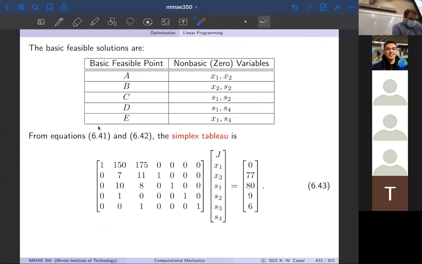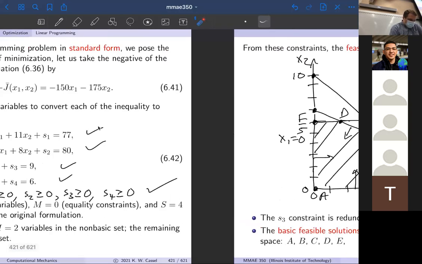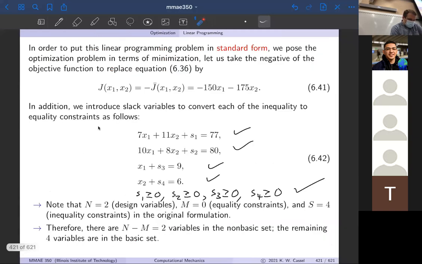Then the Simplex Tableau, here it is in matrix form. So here's all my variables. Start with the variables. I have J, that's the objective function. I have my 2 design variables and my 4 slack variables, all just listed in order: J, X1, X2, then S1, S2, S3, S4. Then I just look back here at 641 and 642.